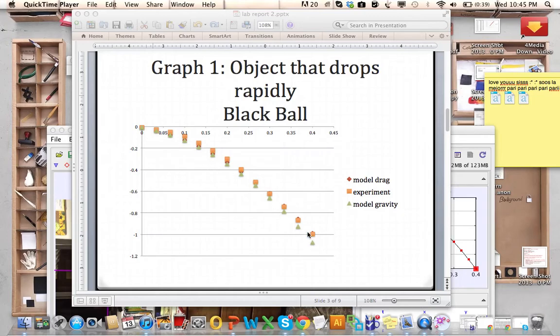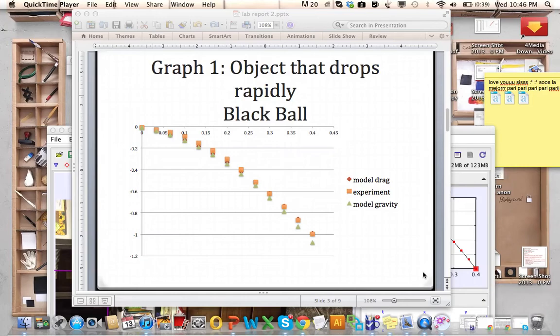So you can see that the model with the drag and the experiment are very, very similar, because we're taking into account the two forces that interact in real life. And the model of gravity is sort of similar, since it's an object that drops rapidly, and sometimes, in this case, drag is overlooked.